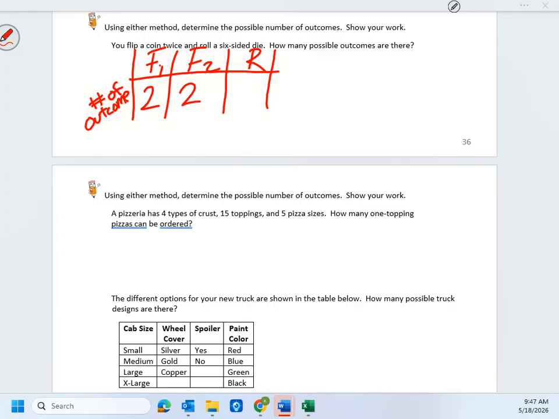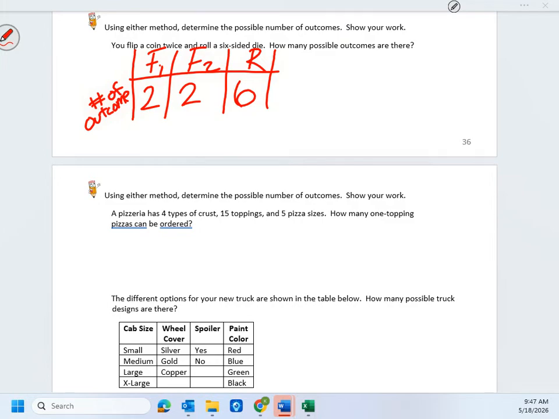How many outcomes when we roll a dice? Moses. It's a 6-sided dice. How many possible outcomes are there? So I could roll that dice and it could be a 1. I could roll that dice and it could be a 2. 6 outcomes, because there are 6 sides. It could land on any of those sides.